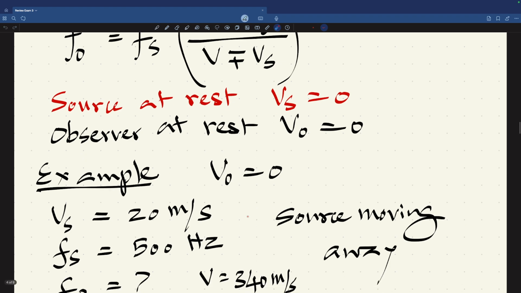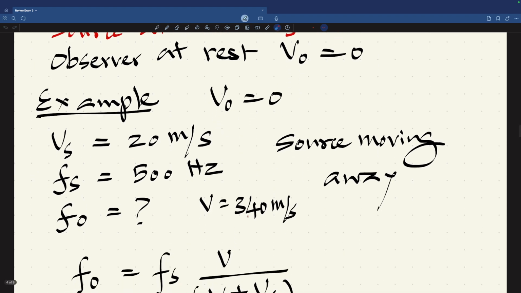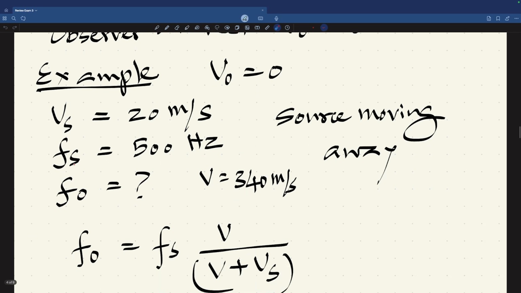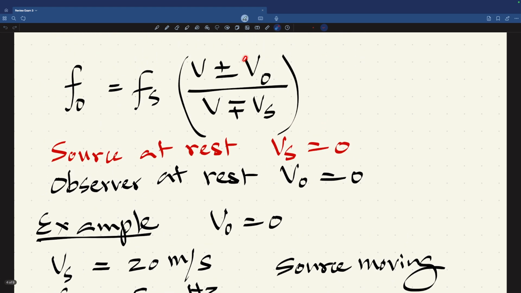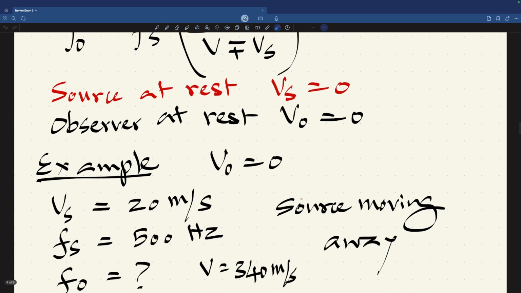Now in my example, the source is moving away, so I'm going to use a plus. We're given the source velocity, the actual frequency of the source, and the speed of sound. Now notice that since this is 0, there's nothing there.